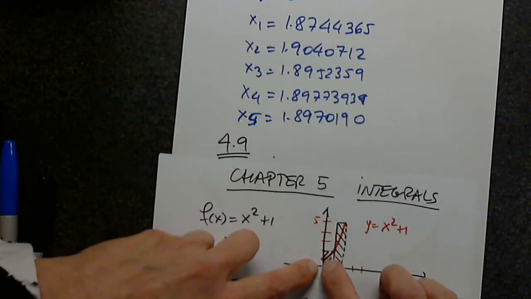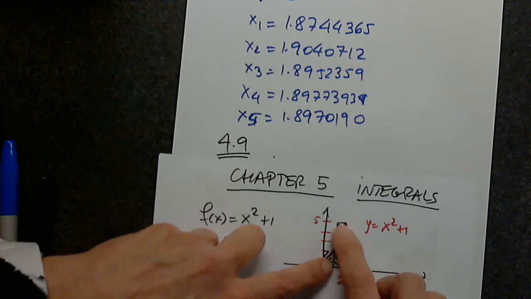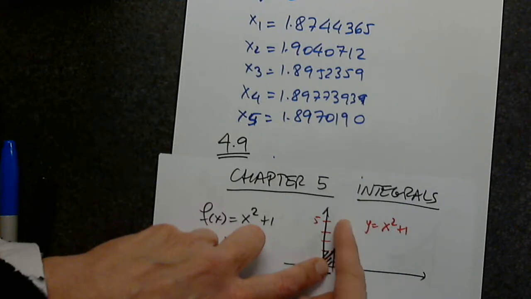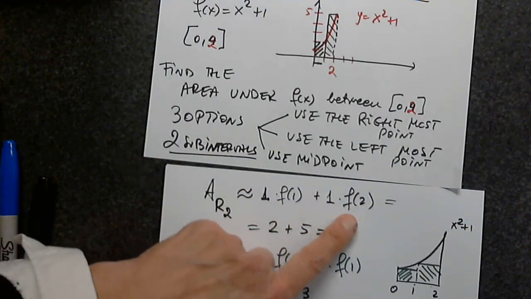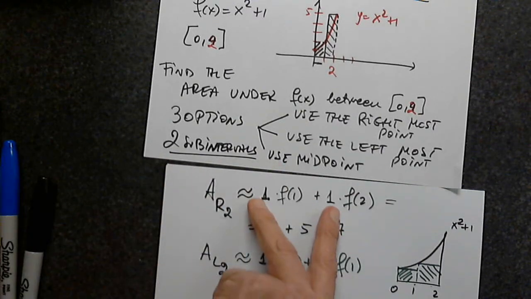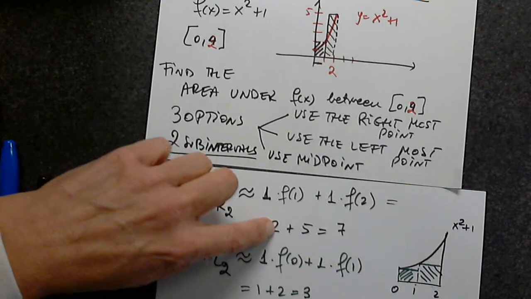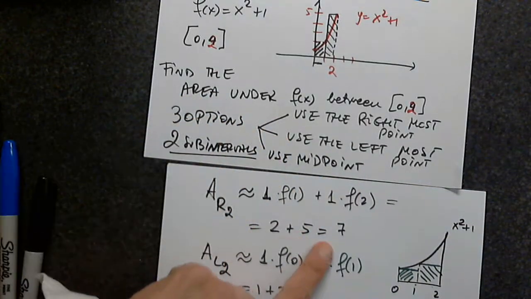To determine the area of this rectangle with the rightmost point, I say base times height, 1 times f of 1. To determine the area of this rectangle, I say base times height, so 1 times f of 2. So that's how we got 1 times f of 1 plus 1 times f of 2. F of 1 is 2, and f of 2 is 5. So the area is 7.